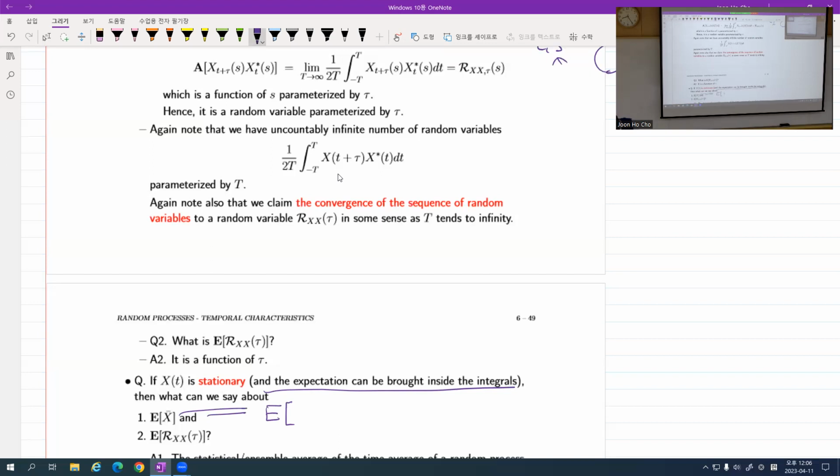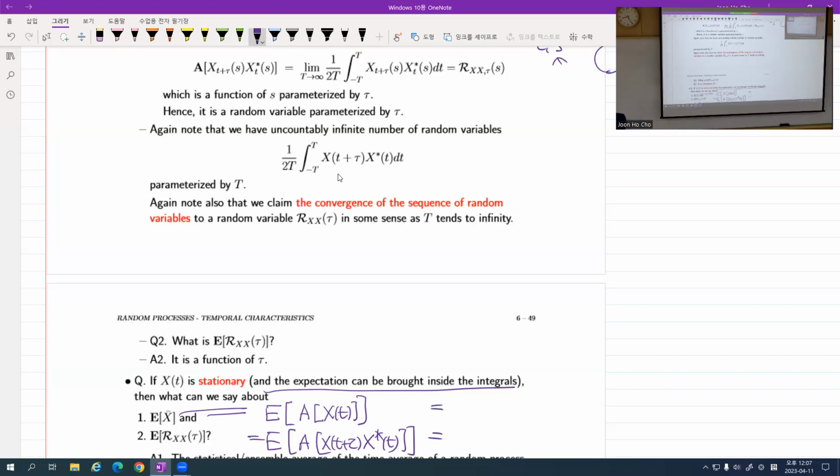That is the time average of what? Random process. What is this? Time average of x of t plus tau, x conjugate of t. If you dislike using brackets within brackets, you can change to curly brackets or parentheses, but it doesn't matter.